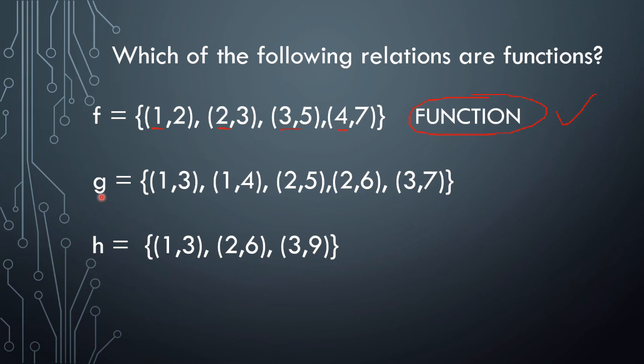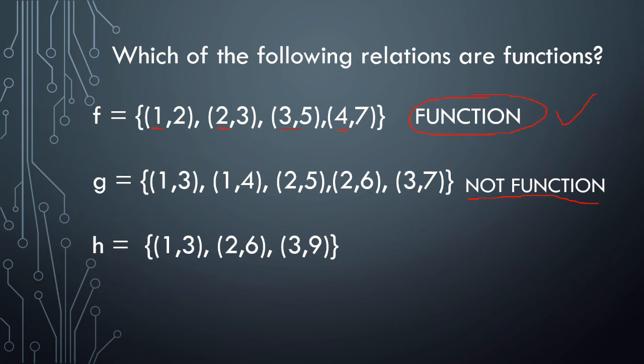Next, we have relation G. The ordered pairs are (1, 3), (1, 4), (2, 5), (2, 6), and (3, 7). Is it a function or not a function? It is not a function. Why? Because the given ordered pairs of relation G have the same x values.